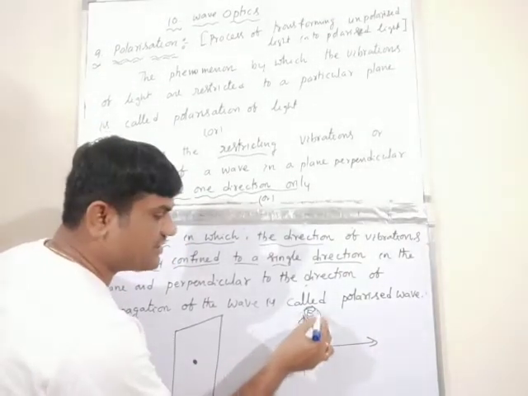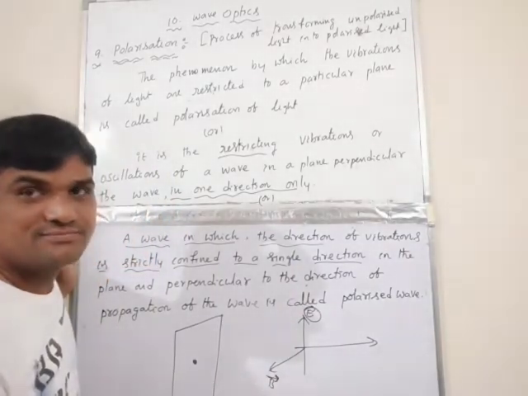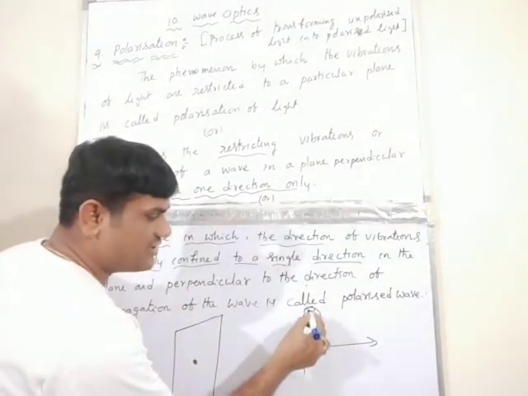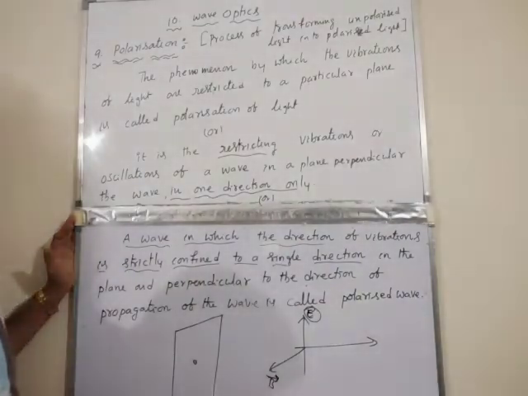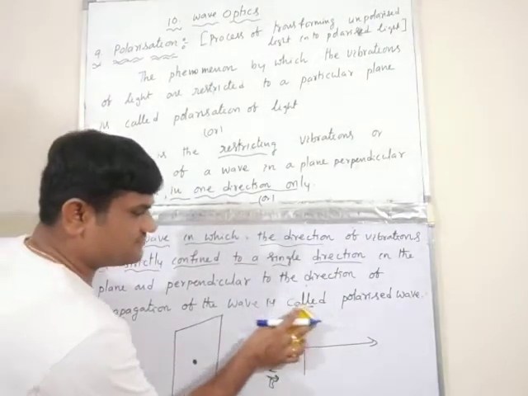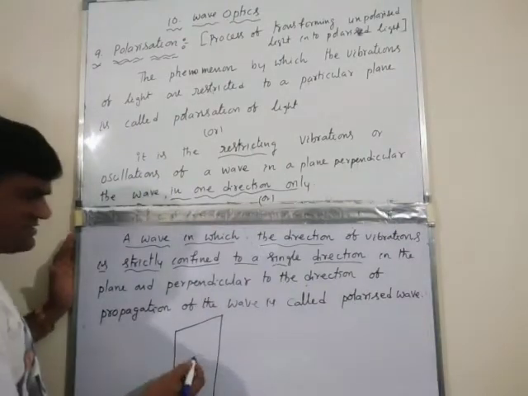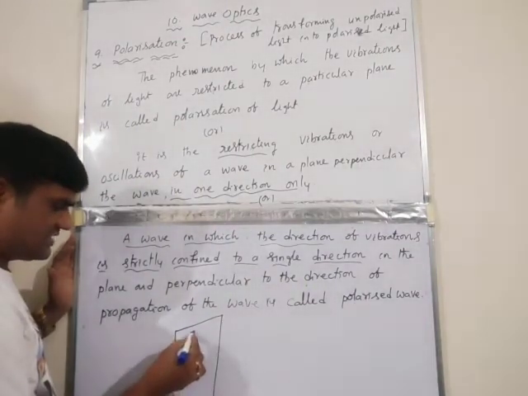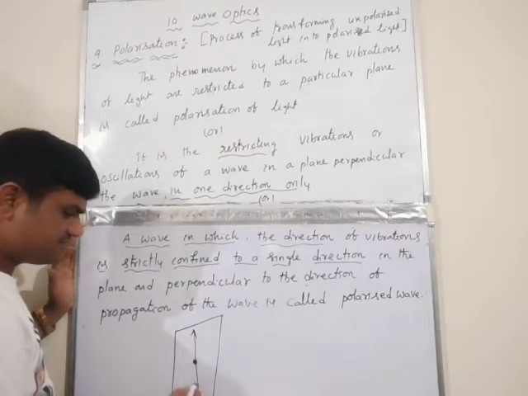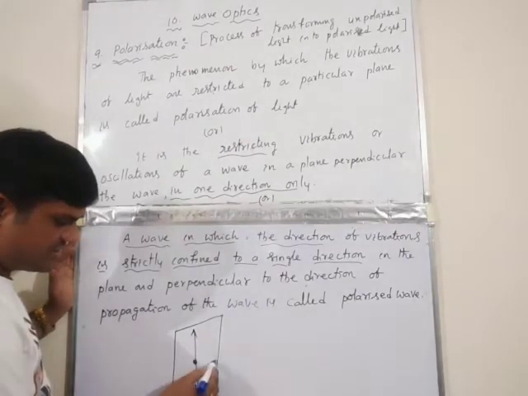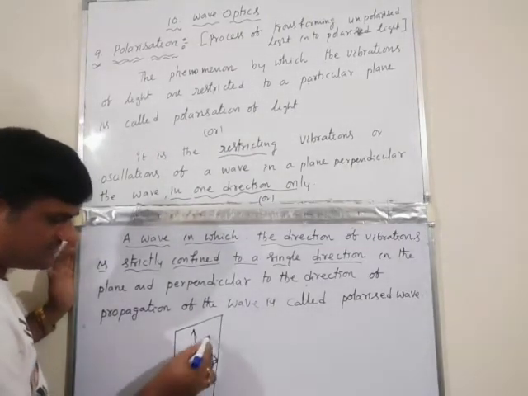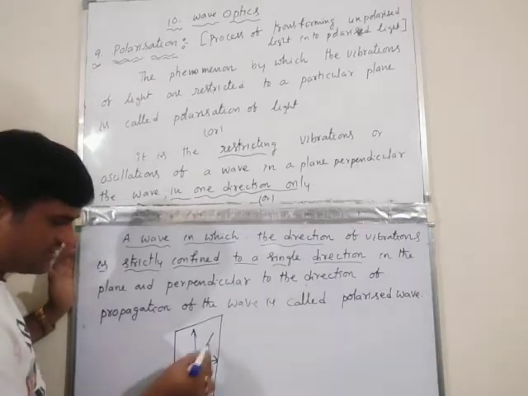So the electric field we can call the light vector. Remember everybody, light vector. It is not only one direction. It can vibrate in this direction, and in this direction, and in this direction.